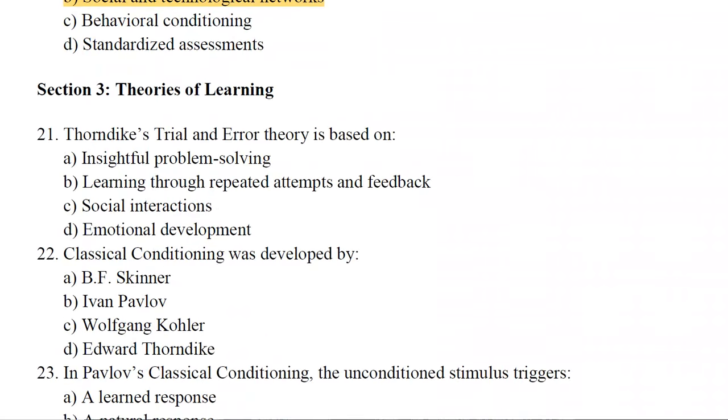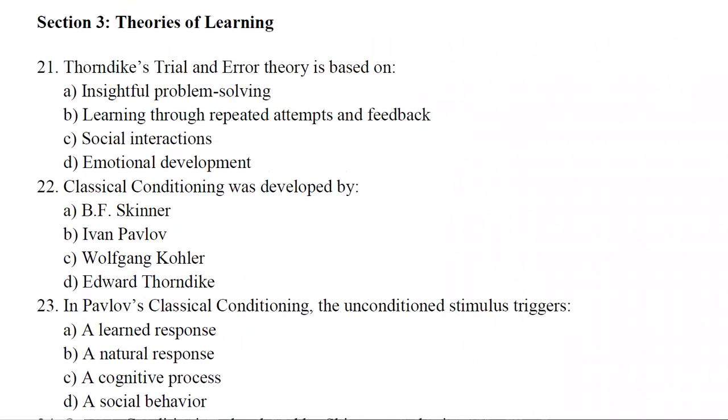Section 3, Theories of Learning. Thorndike's trial and error theory is based on learning through repeated attempts and feedback. Classical conditioning was developed by Ivan Pavlov.